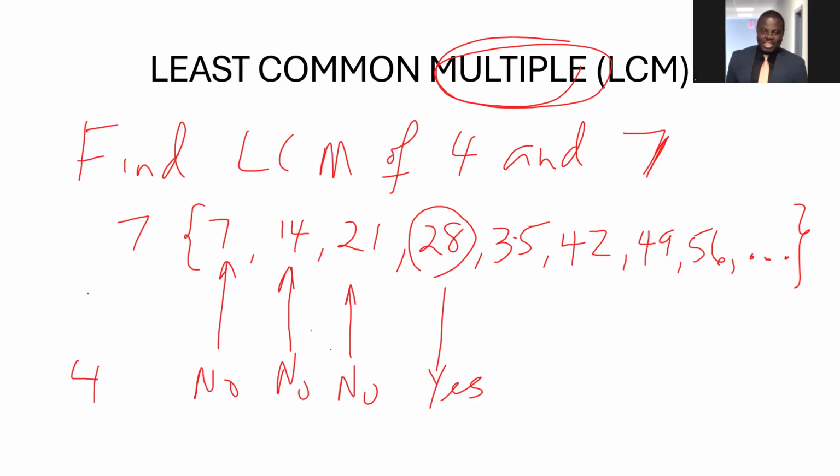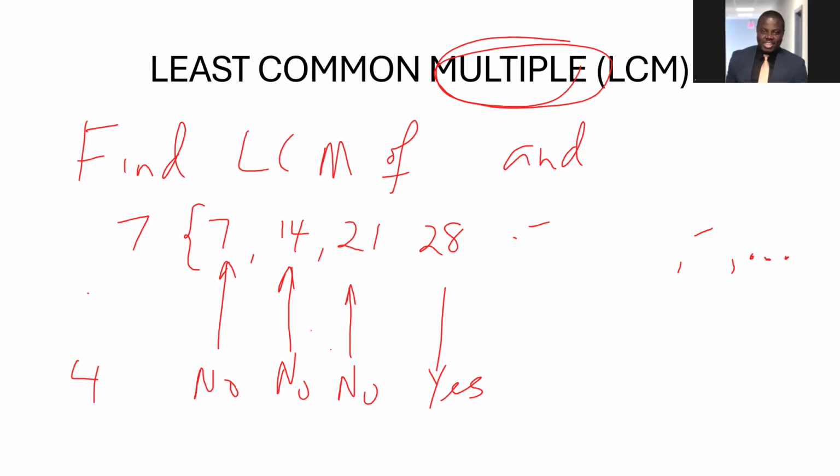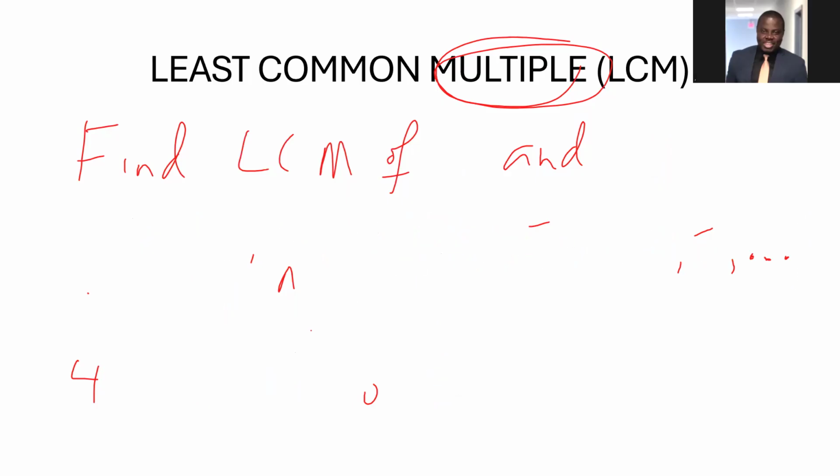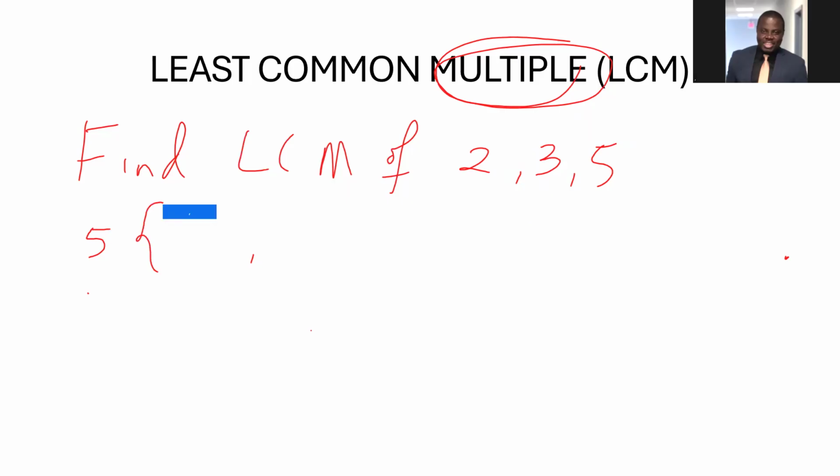So let's try the LCM of 2, 3, and 5. Now 5 is the largest number, so I'll write out the multiples of 5 first.